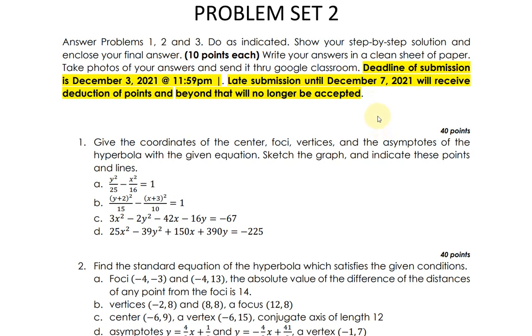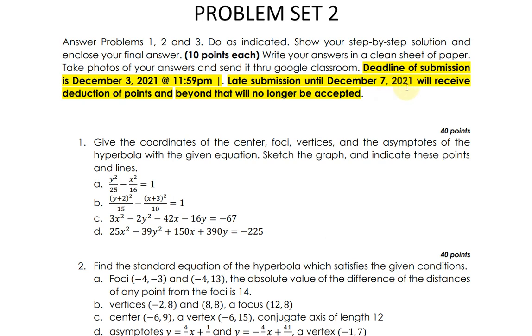Okay, so the deadline for this submission is on December 3, 11:59 p.m. So, midnight. If you are going to submit it late, then of course there will be deduction of points. And I will not accept submissions beyond December 7.